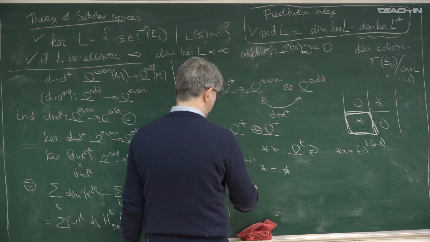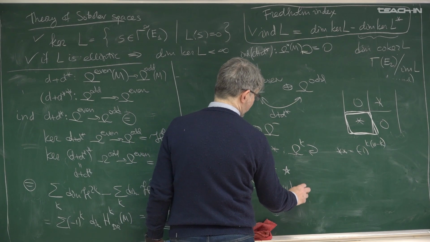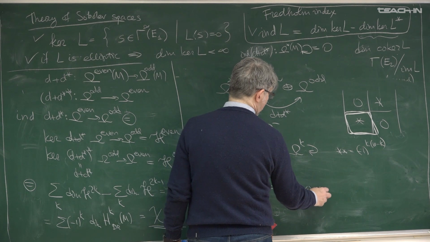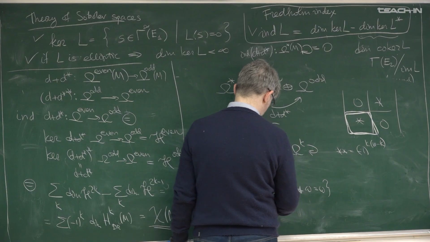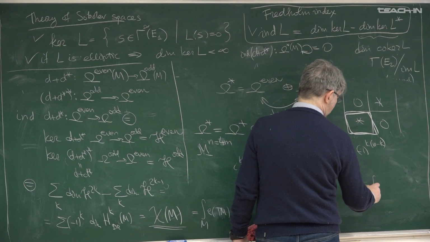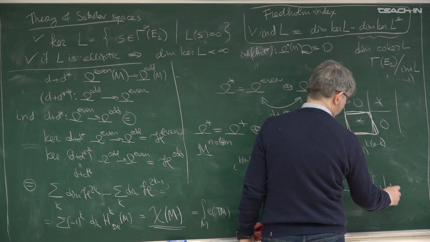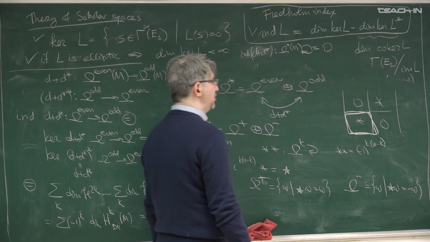And then you can define omega plus as the space of differential forms such that star is of eigenvalue 1, and omega minus as the space of forms such that star of omega changes the sign.